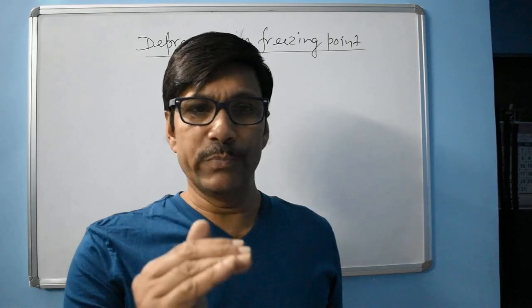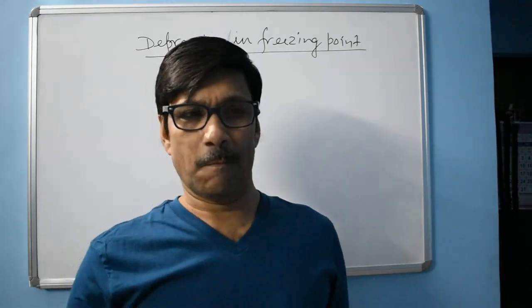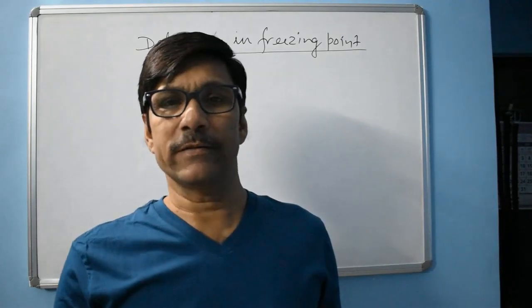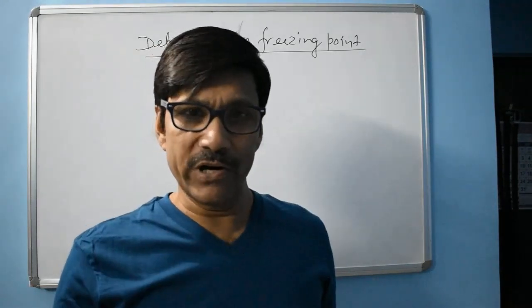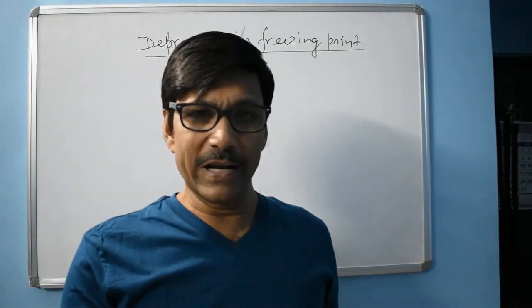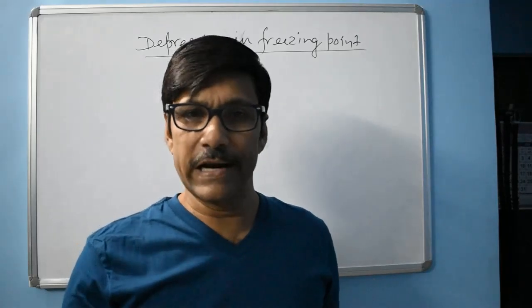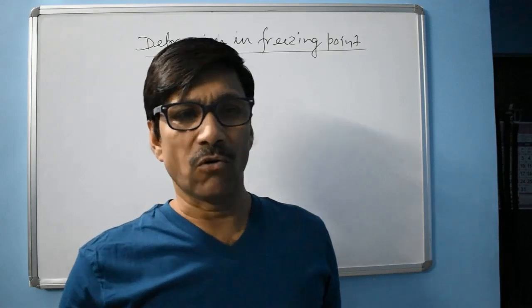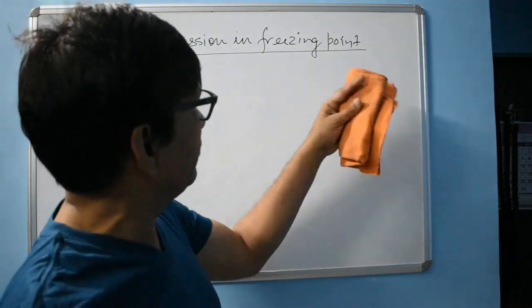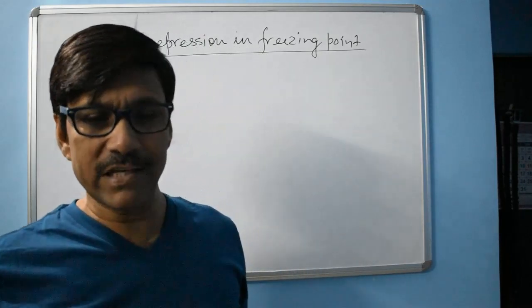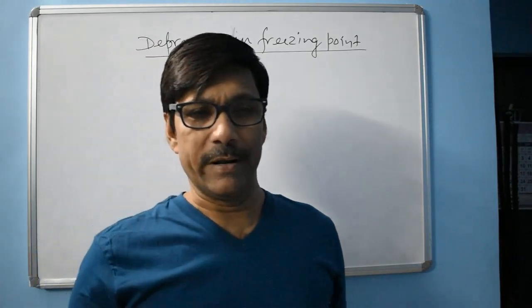It will freeze below 0 degree Celsius. So this decrease in freezing point of a liquid due to presence of solute, non-volatile solute, is called depression in freezing point. And this depression in freezing point is a colligative property.